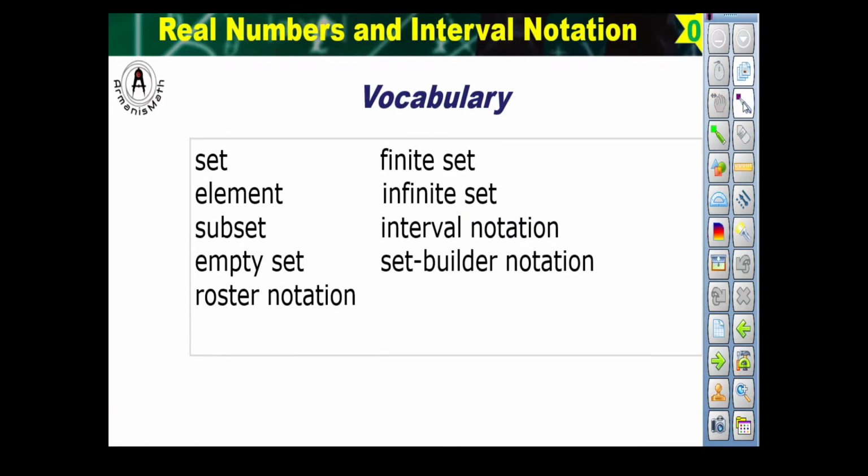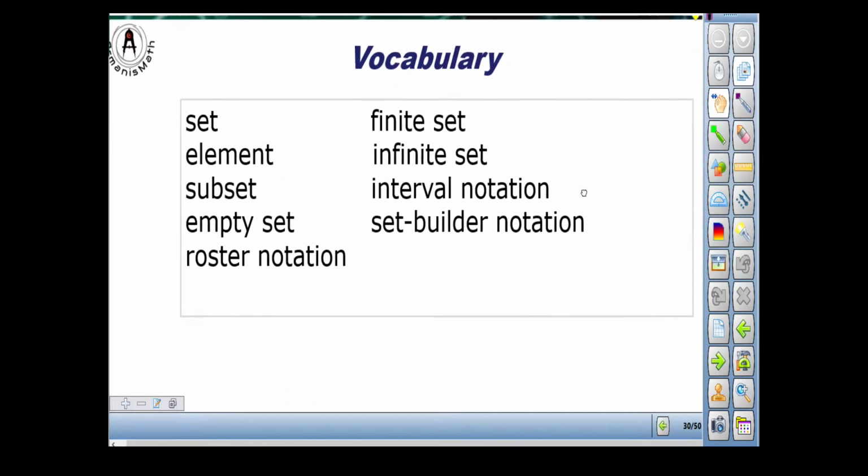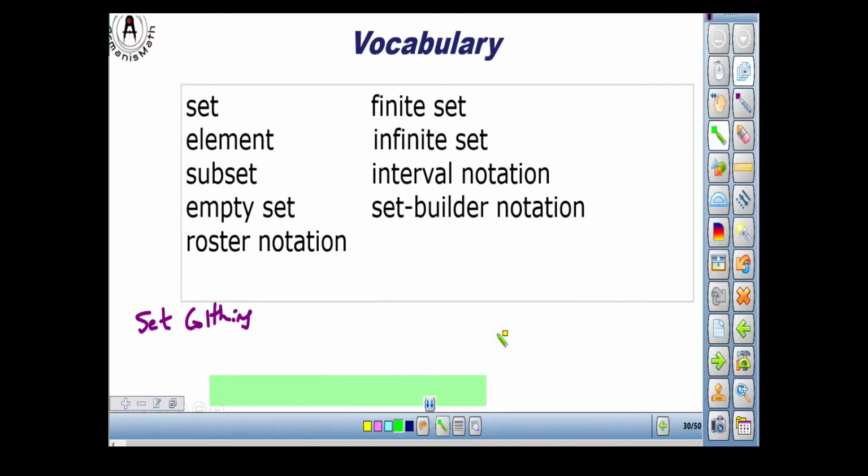So let me actually give you a very simple example. A set would be something like, let's say that you have a closet. You have a set of your clothing. So you look at your closet, big and huge, like this, for example.